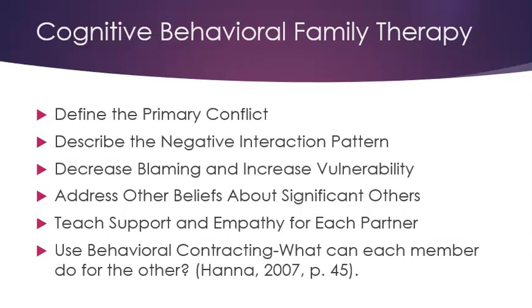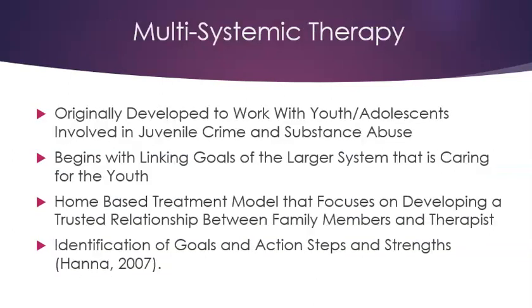To continue around cognitive behavioral family therapy, it defines the primary conflict, describes a negative interaction pattern, seeks to decrease blaming and increase vulnerability, addresses other beliefs about significant others, teaches support and empathy for each partner in the relationship, and uses behavioral contracting, i.e., what can each member do for the other.